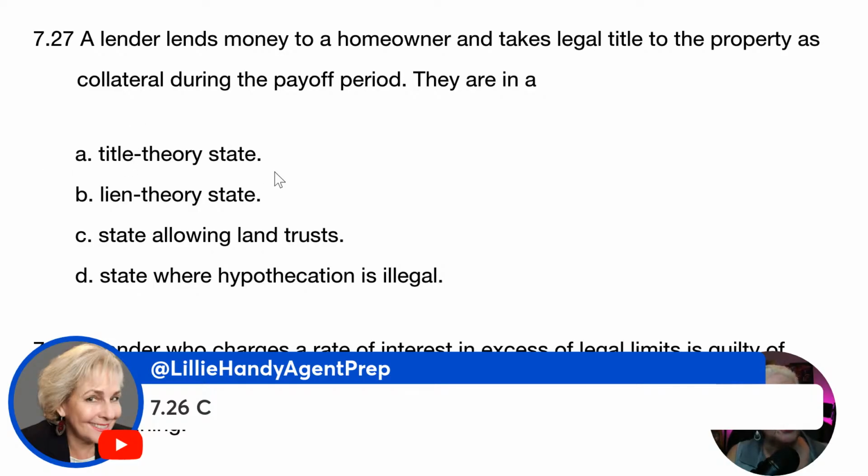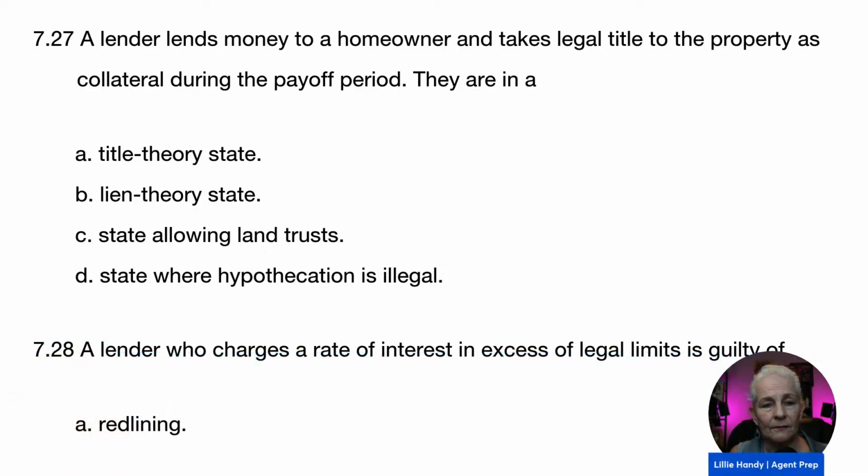A, title theory state, B, lien theory state, C, state allowing land trust, or D, state where hypothecation is legal. So the lender lends money to a homeowner and takes legal title to the property as collateral. What kind of a state are they in?